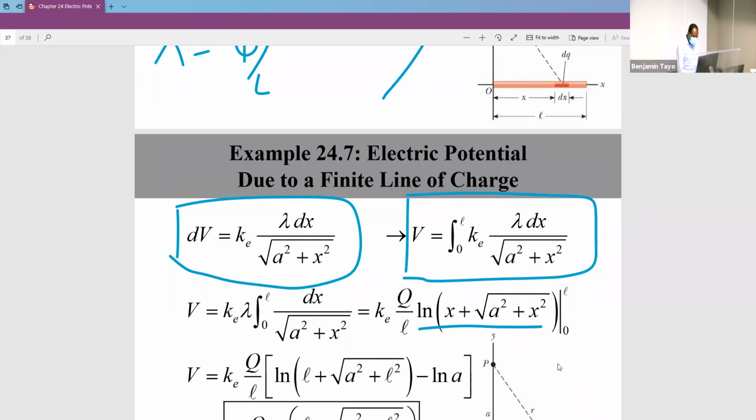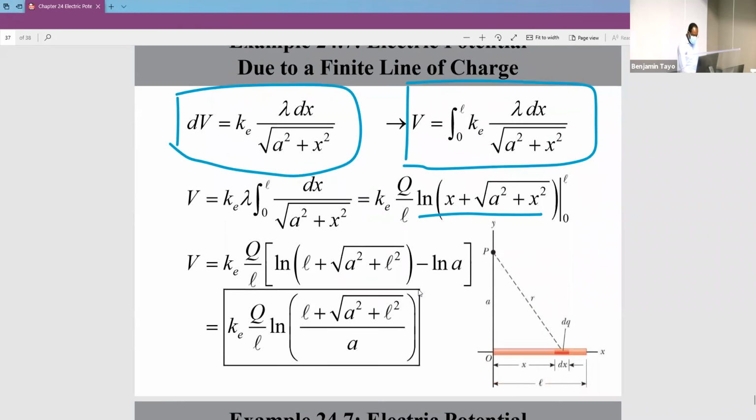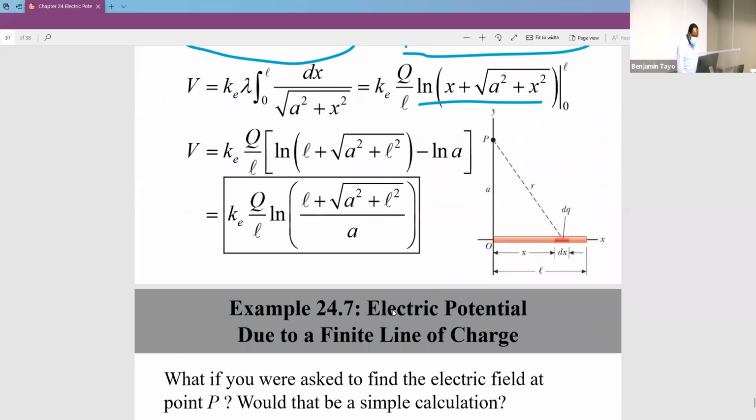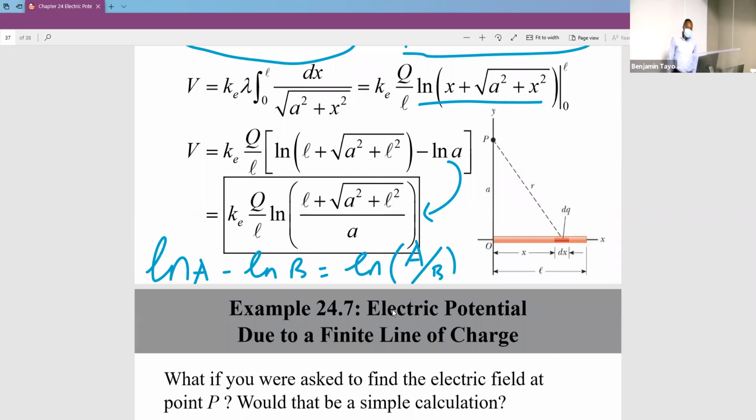If you substitute those values and simplify, just remember that the natural log of A minus the natural log of B is the same as the natural log of A over B. That's how you get from here to here. All of this is like A, and all of that is like B. So natural log of A minus natural log of B, you just divide the two.